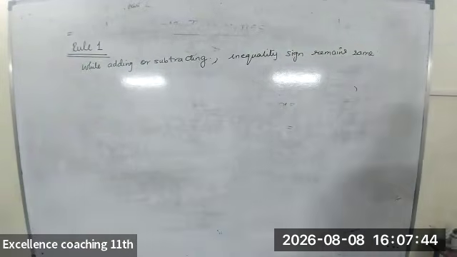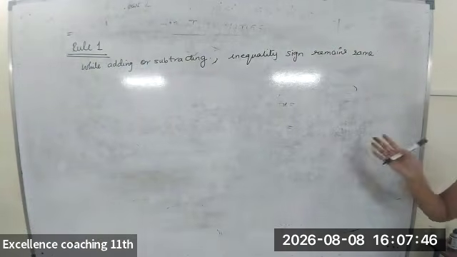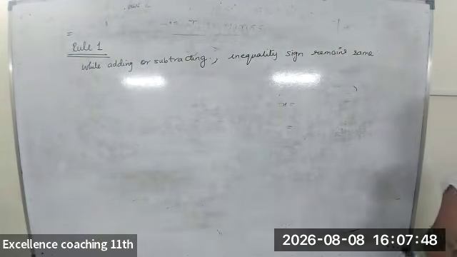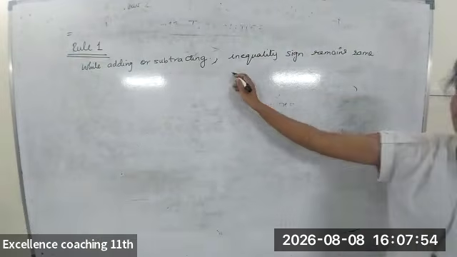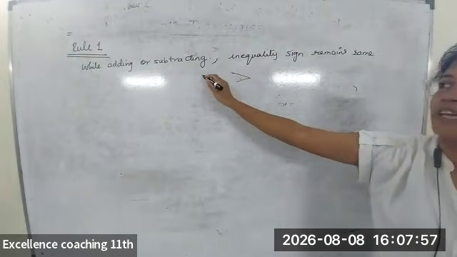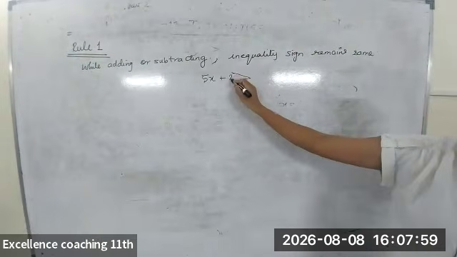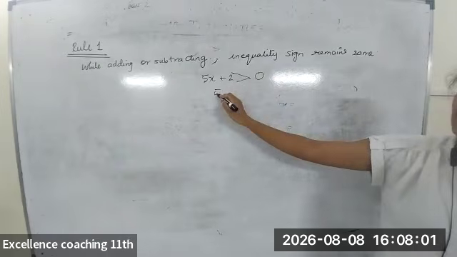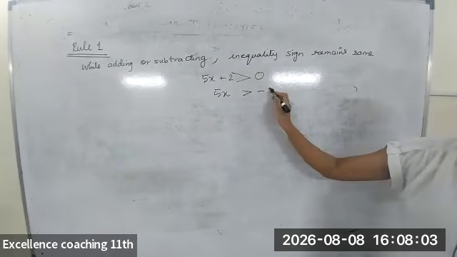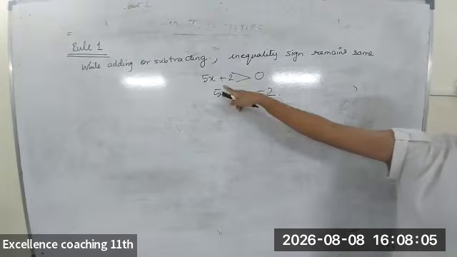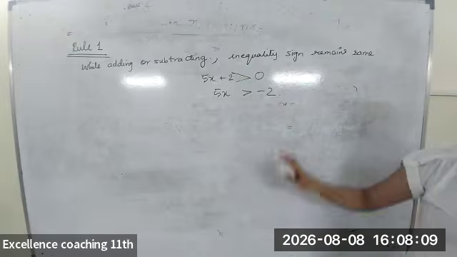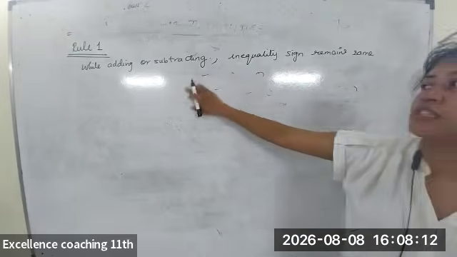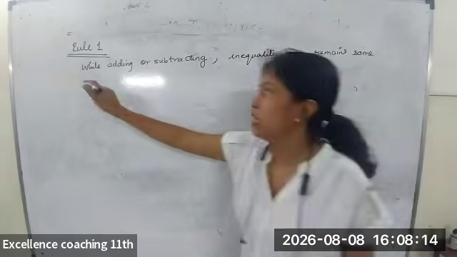Whenever you're doing some addition or subtraction, like taking one number from this side to the other side, left hand side to right hand side, it doesn't matter, the symbol will remain as it is. Like 5x plus 2 greater than 0: you can simply take 2 to the other side, it will become minus 2. What I'm doing is just adding and subtracting, so that will not change. You can simply do all the transactions like you do for equations.